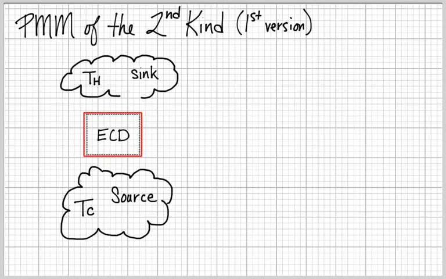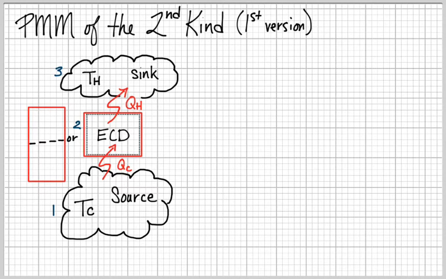I'm going to use the energy conversion device to move the heat from Q cold up through the energy conversion device and into Q hot. So I go from 1 to 2 to 3, three different bodies, and I'm using my energy conversion device to do that. But do you notice something? There's no work going into my energy conversion device.